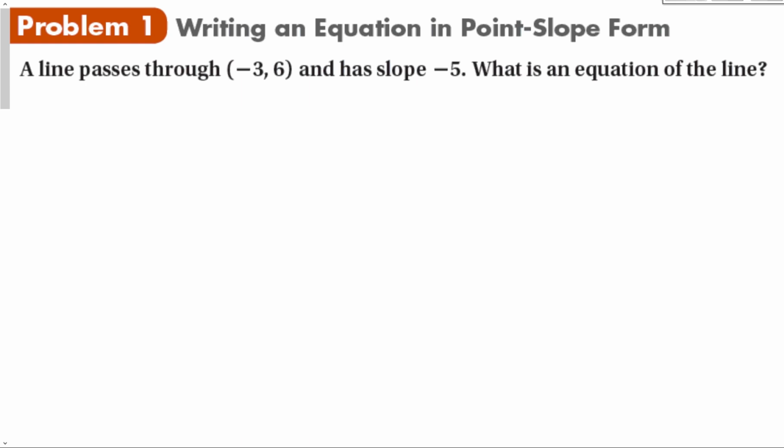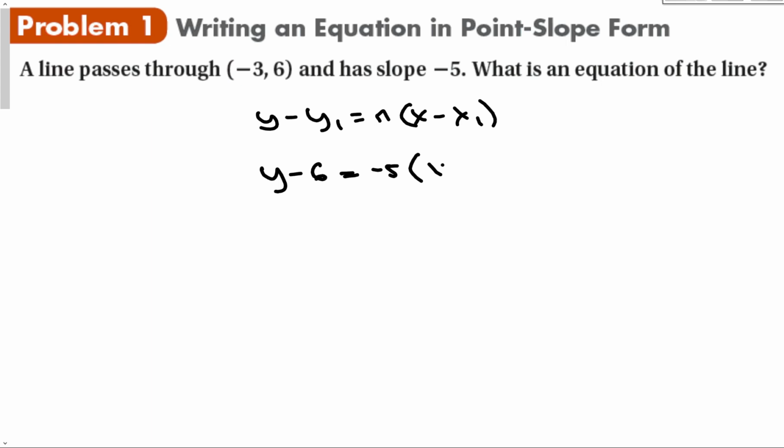Okay, so let's try to use this formula now. A line passes through -3, 6 and has a slope of -5. What is the equation of this line? My equation is y minus y1 is equal to m times x minus x1. Plugging in my numbers, I have y minus 6 is equal to the slope, -5, times x minus -3.